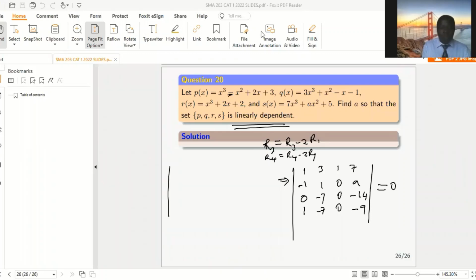The value there is 1. Remember, it's plus, minus, plus. So 1 into, delete this row and this column that has a 1. You have a negative 1, you have 1, you have 0, negative 7, you have a 1, negative 7, you have A, you have negative 14, and you have negative 9 equal to 0.